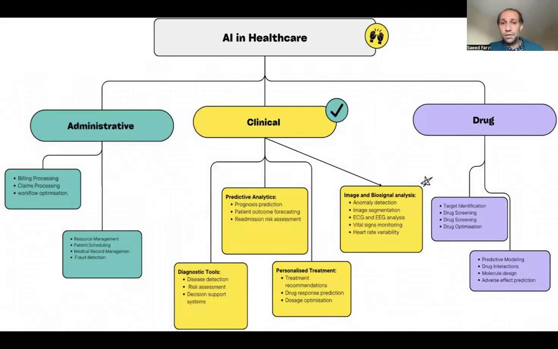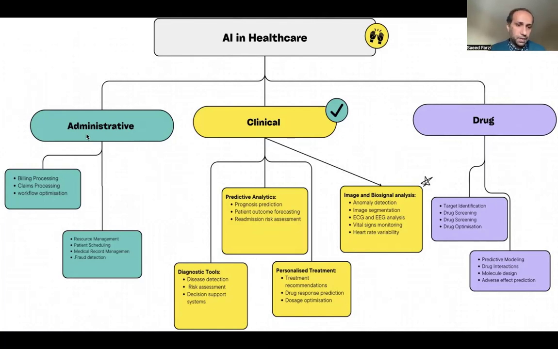Let's go further and dive into the healthcare landscape. This diagram helps me to demonstrate the application of AI in healthcare. I categorize the applications of AI into three categories: administrative, clinical, which is very important, and drug.